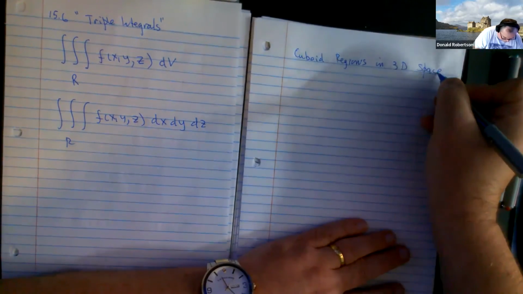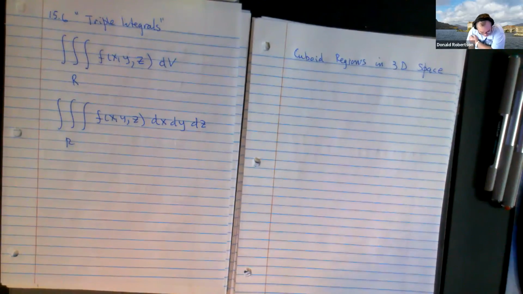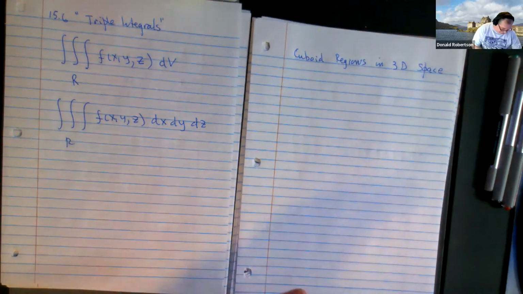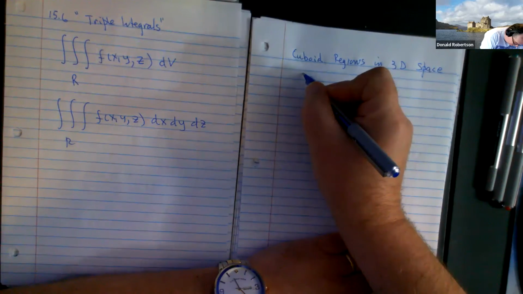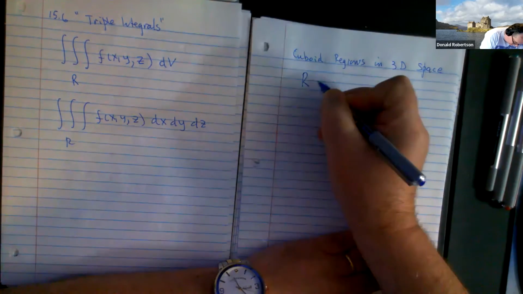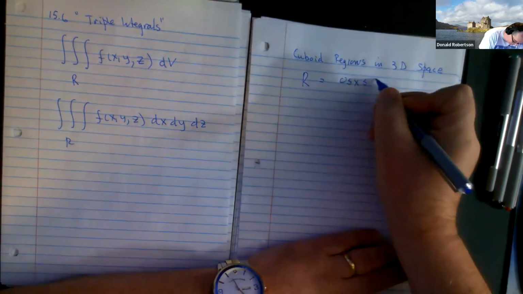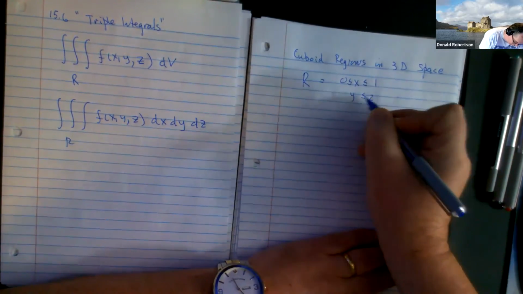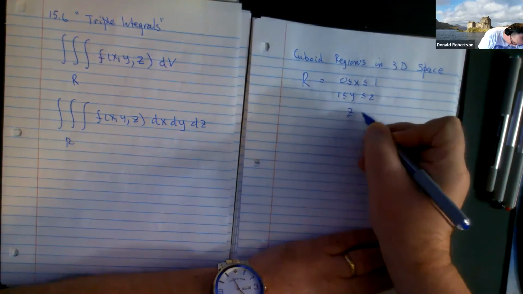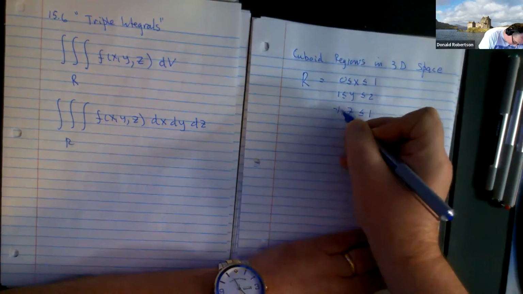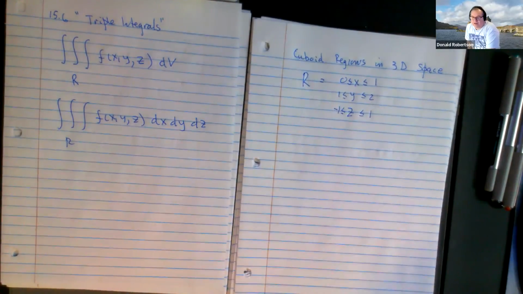So let's look at triple integrals of cuboid regions in 3-dimensional space. An example: suppose R was the following region. X equals 0 to 1, Y equals 1 to 2, and Z equals -1 to 1. Now, if you try to draw that in 3D space, would you agree it ends up being a cuboid, which is a mathematical name for a box?